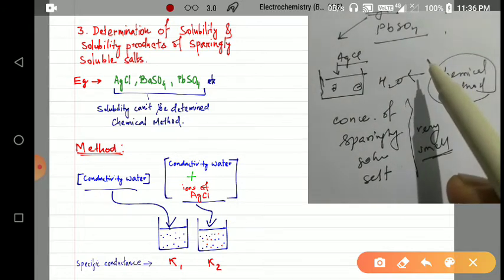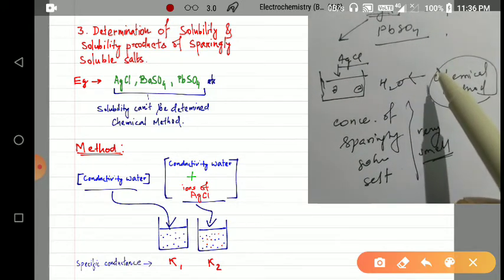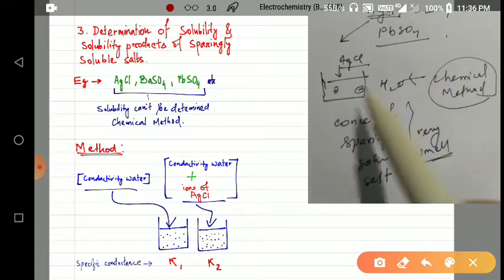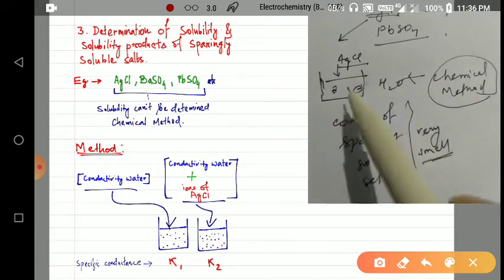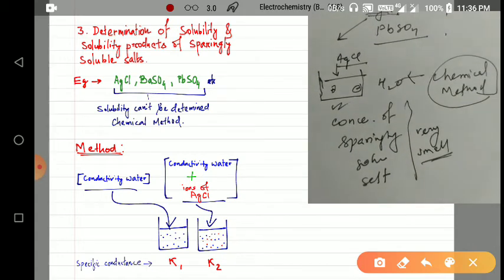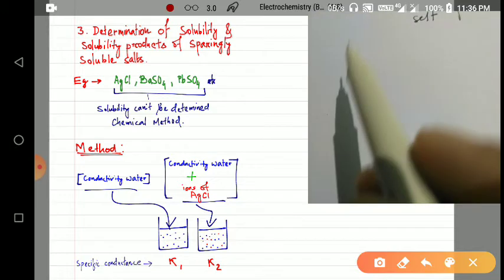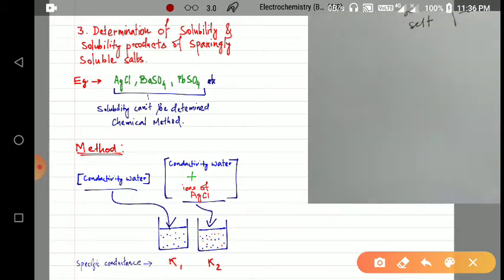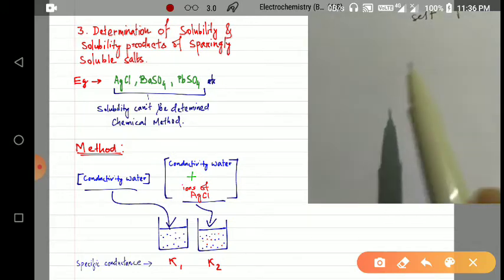If the concentration is not up to that limit, it will not be detected and you cannot calculate it. But the conductance measurement technique is able to measure the solubility or concentration of that type of solution.